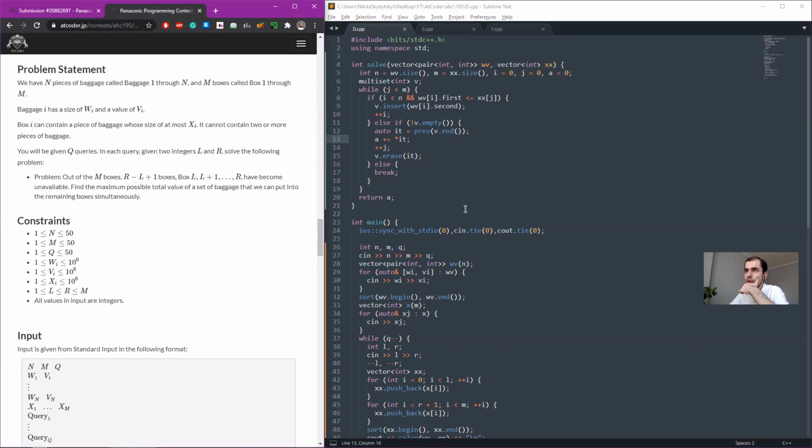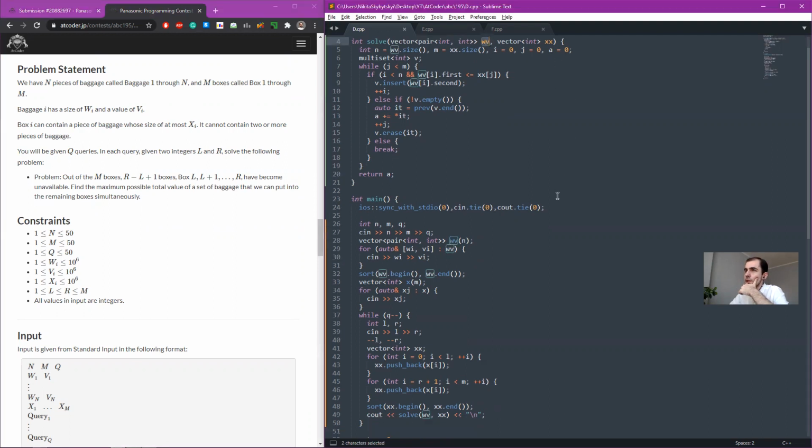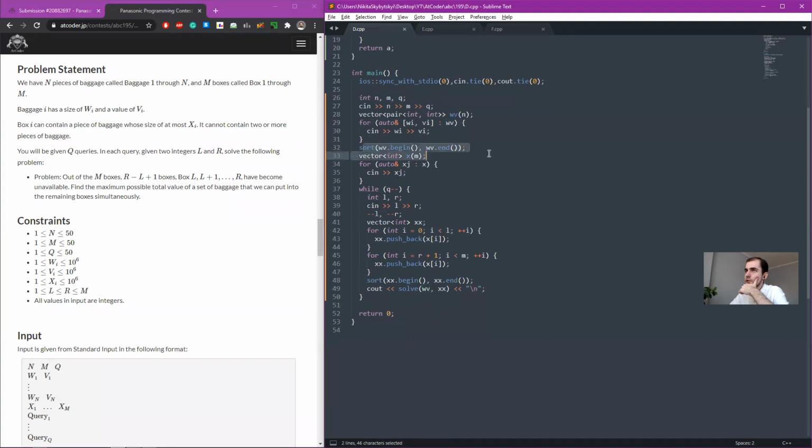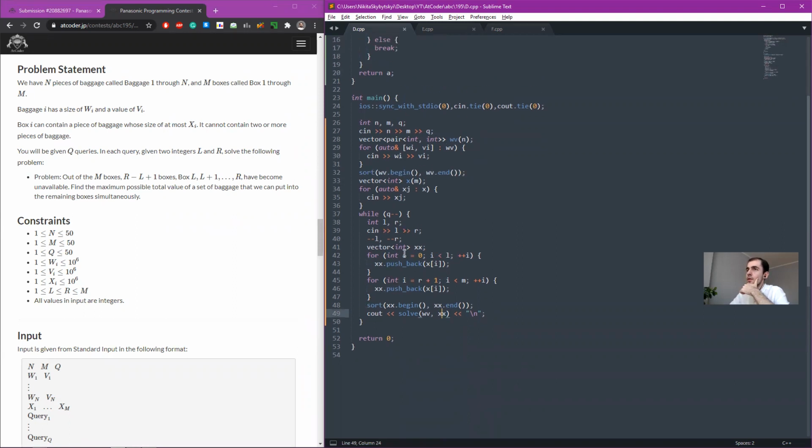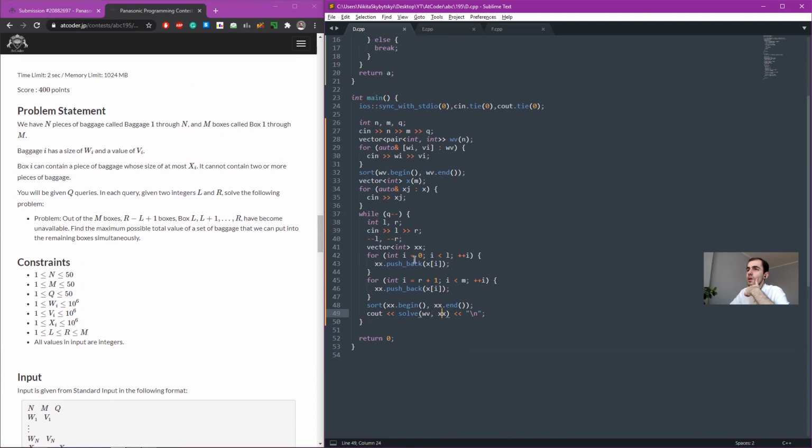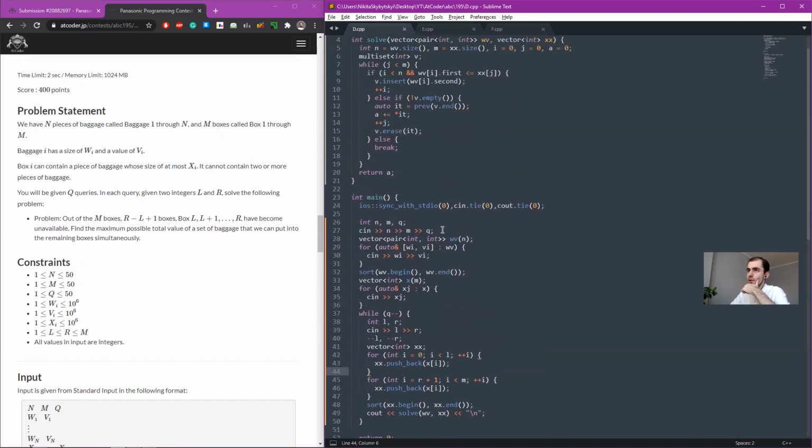So let's think. This is sorted. This is also sorted. We do not push L. Do not push R. I think we are fine with indices.